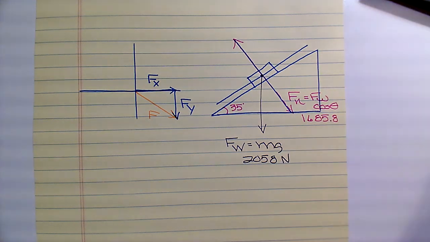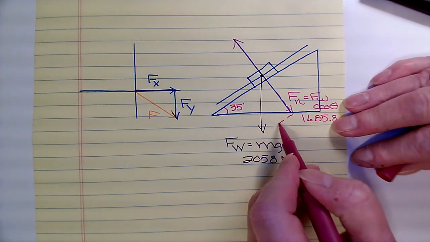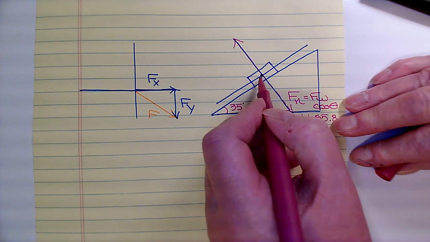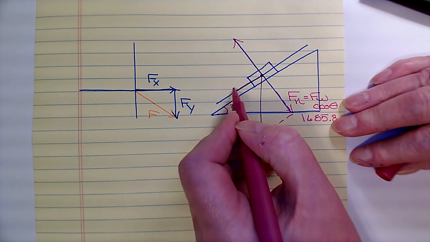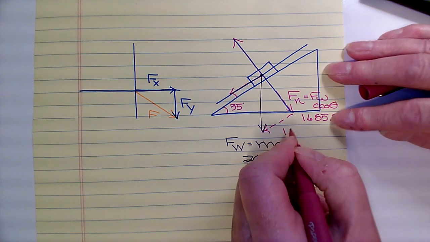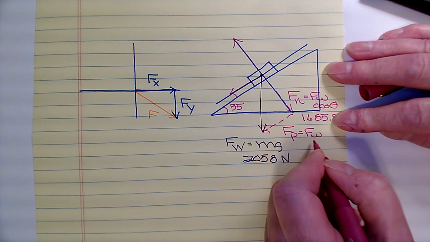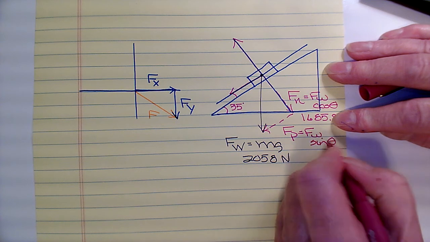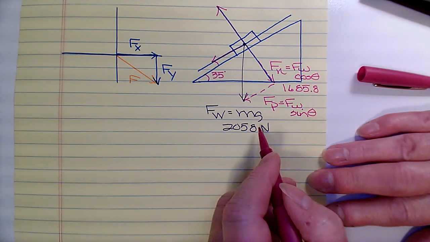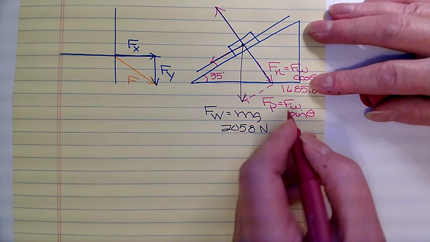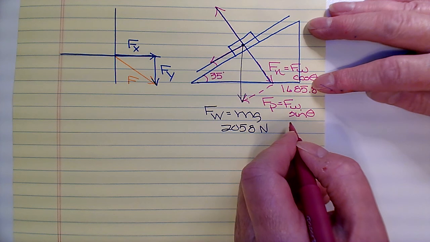1685.8 newtons. All right, but we also have this y component here, or this parallel component, Fp. And Fp is Fw times sine theta. And so that's going to be 2058 times sine of 35, and that turns out to be, where did I do that?